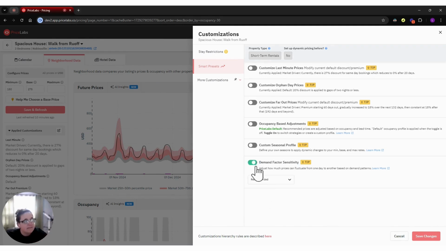So by default, you're going to stay on the PriceLabs recommended. You do have the option to go lower, so that means your swings are not as intense or dramatic. You do also have the option to select high, which would then increase those fluctuations and those swings. So in high demand periods, you are pushing prices, raising them higher and higher.